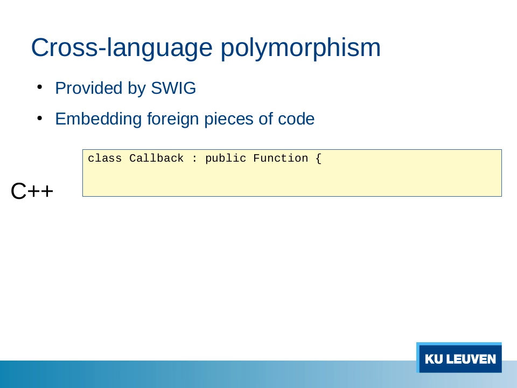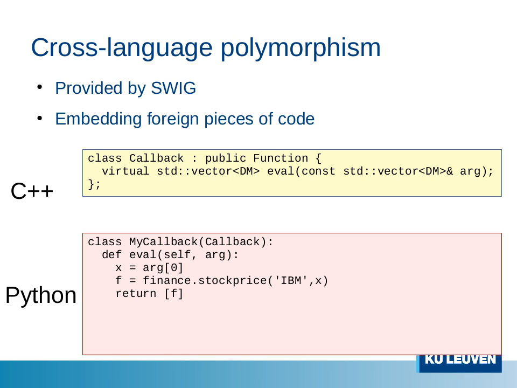In the C++ world we have defined a class called Callback, which is just some CasADi function. It inherits from Function, and it has several virtual methods. I'm only showing one, which is the eval function for numerical evaluation. When we go to the Python world, we could imagine subclassing this Callback class and then giving an implementation for eval.